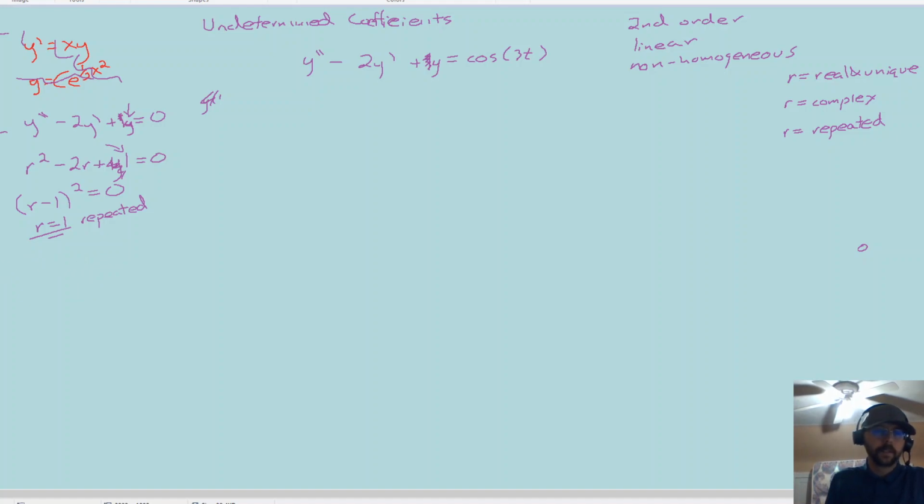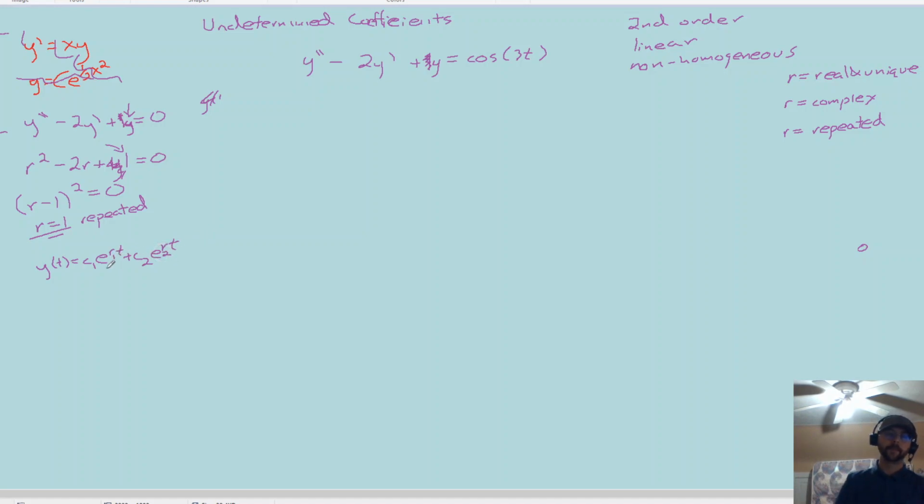All right, so y of t equals c1 e to the r1 t plus c2 e to the r2 t.